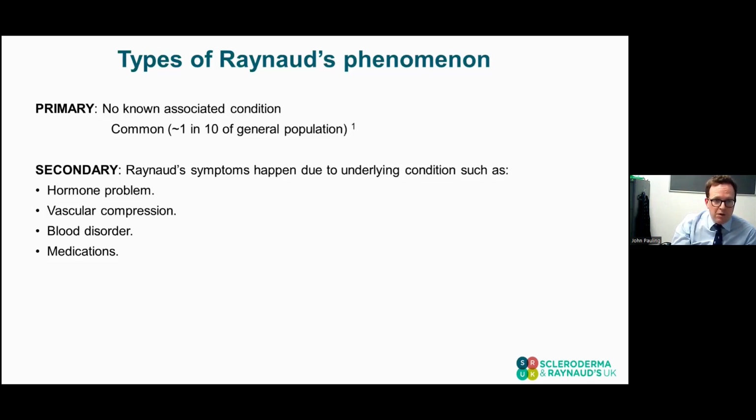Sometimes this can precipitate Raynaud's symptoms later on in life. Sometimes people who've received medications for certain forms of cancer, unfortunately the medications themselves appear in some people to cause damage to the inner lining of the blood vessels that can set off Raynaud's-like symptoms. And cancer itself can be a cause of Raynaud's symptoms in some people.